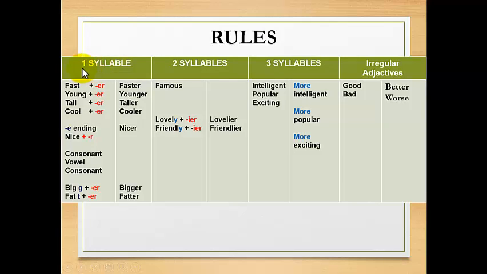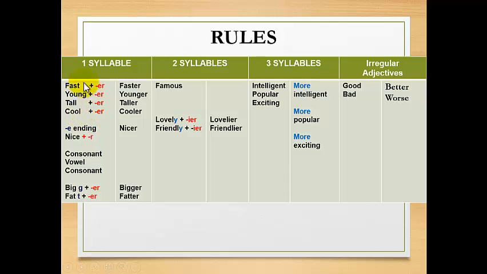For example, here we have one syllable, two syllables, three syllables. Let's see the one syllable adjectives. For example, fast. It's one syllable. Young. It is one syllable. Tall. And cool.